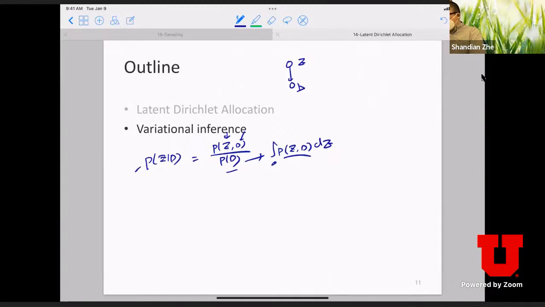Variational inference tries to use another view to look at the computation of the posterior distribution. That is the variational view.